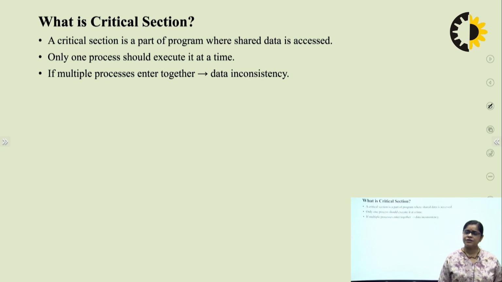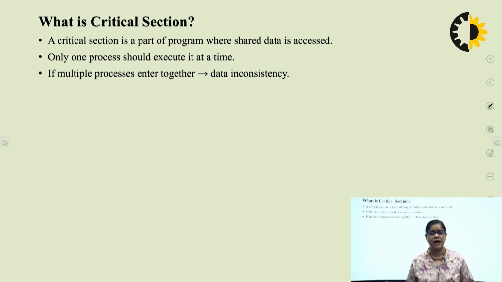In the critical section, the condition is that only one process will execute at a time. And if multiple processes want to enter the critical section together, it will lead to data inconsistencies.